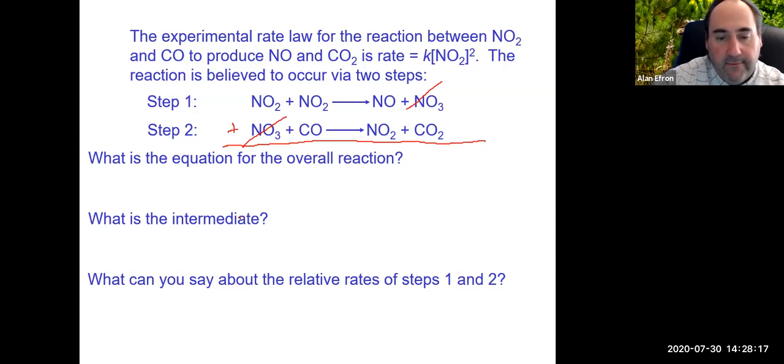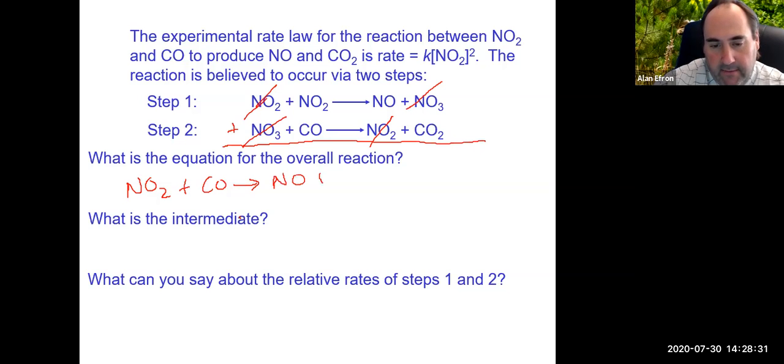We got my NO2, a little bit of canceling going on there as well. And that's going to leave us, when it's all said and done, NO2 plus CO goes to NO plus CO2. So that would be the overall reaction here.